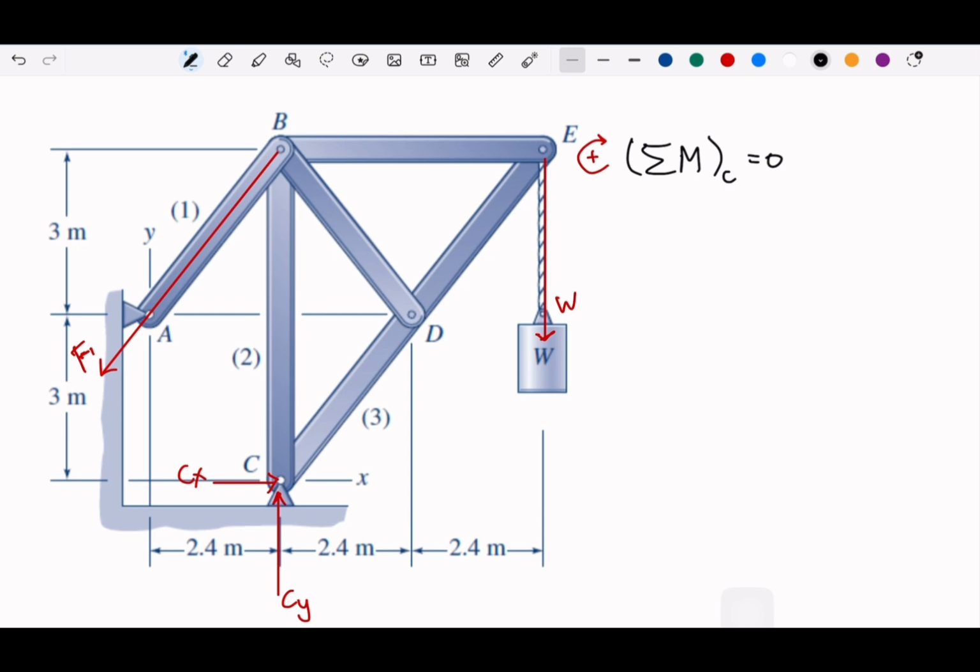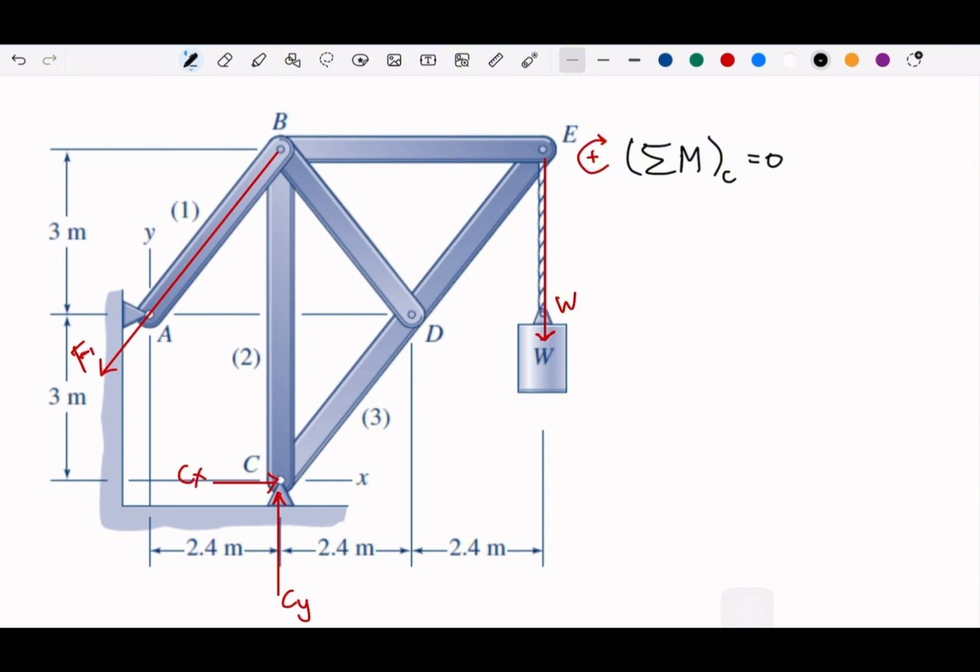So if C is here, then these forces can easily compute the moment from this W, right? And this part, the F1, we need to make it at least into horizontal forces.